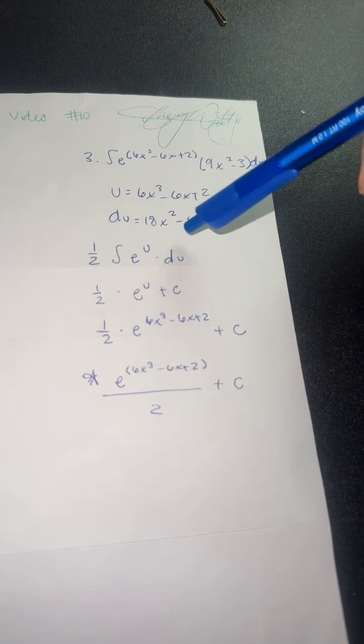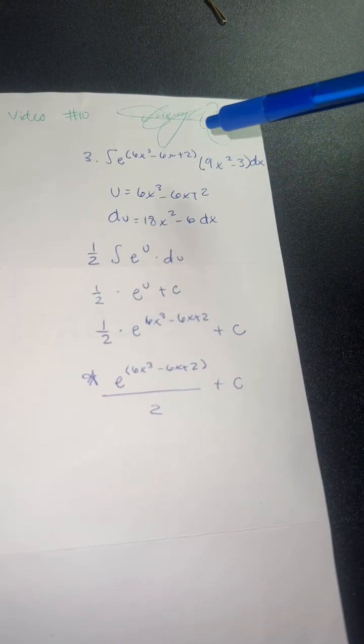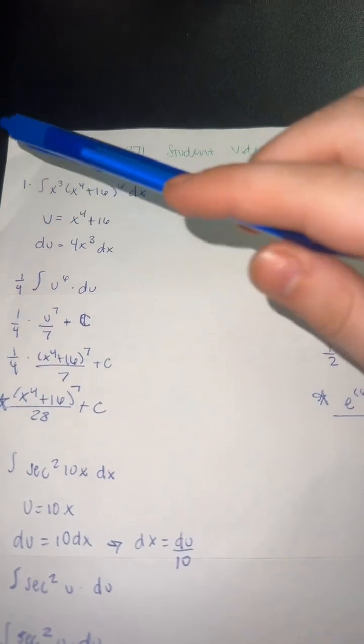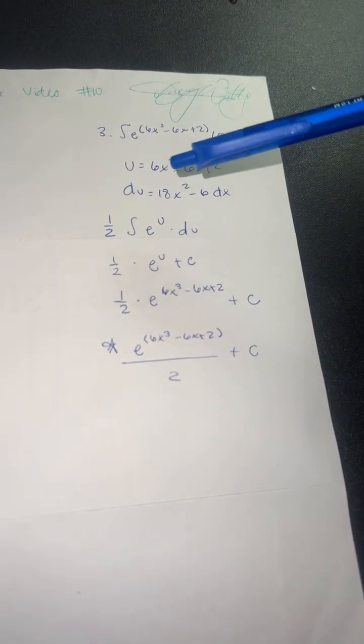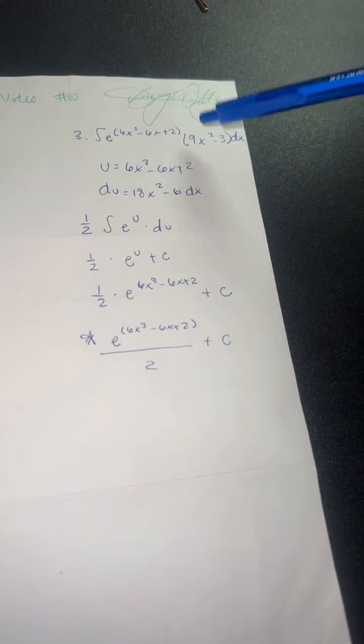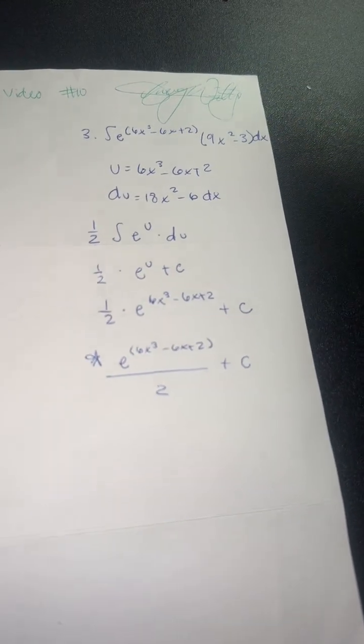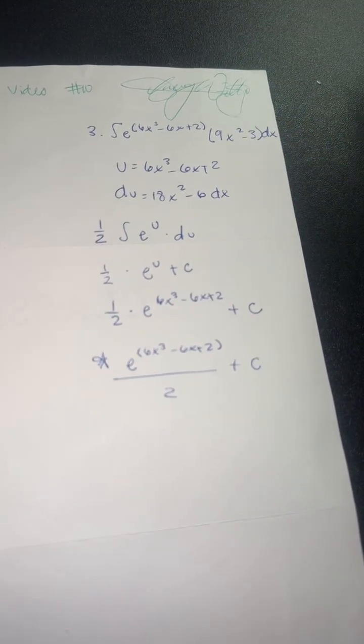Now, this isn't a direct one like we had before with the 4 and 1/4, but our du is double this value, meaning we have to multiply everything by 1/2 in order for it to all equal the same thing.